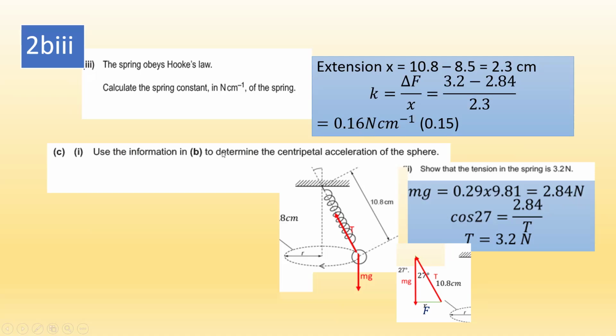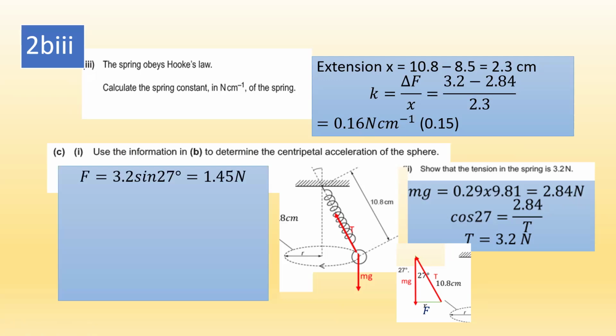Use your information to determine the centripetal acceleration of the sphere. The centripetal force is this one, so F equals 3.2, your T, times sine 27, is 1.45.